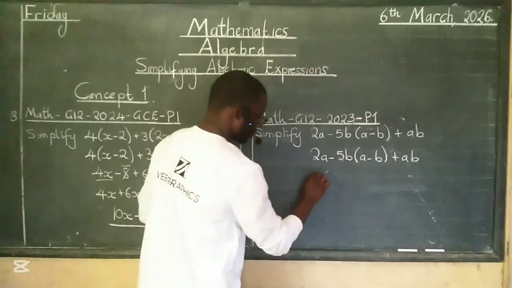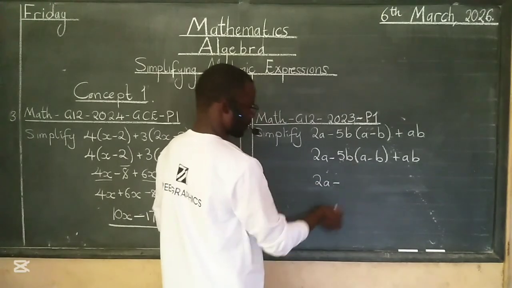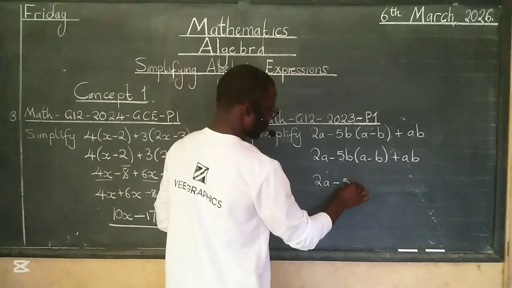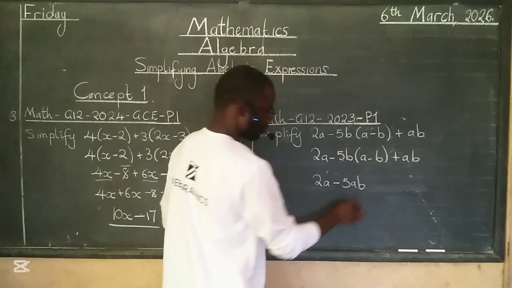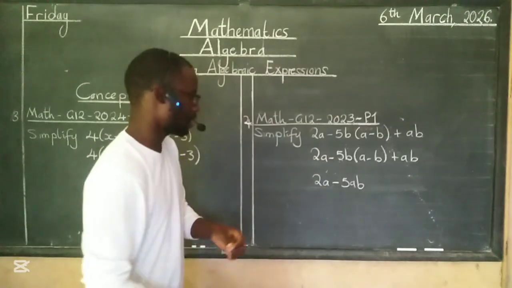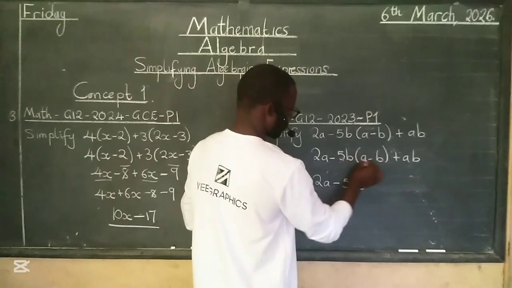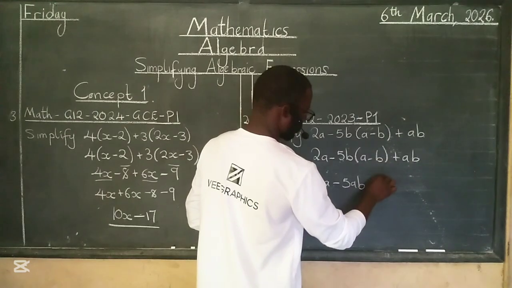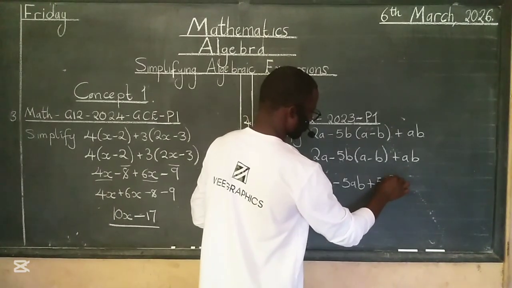So this is going to be 2a as it is, minus 5b times a will be minus 5ab. By the way, ab, ba, same thing. Then negative times negative will be positive. 5b times b will be 5b squared.